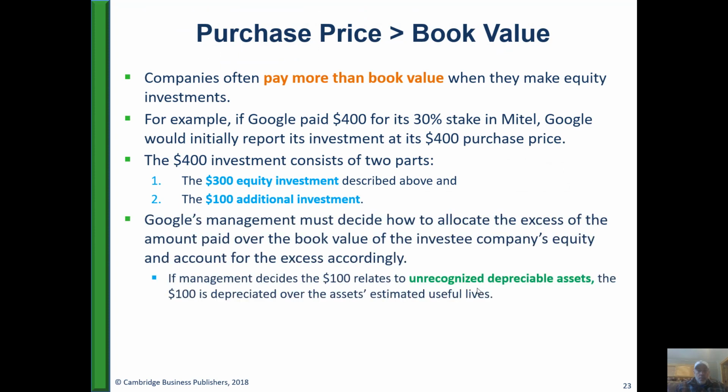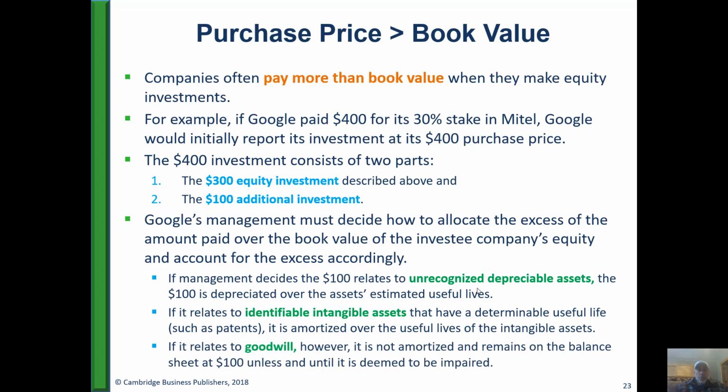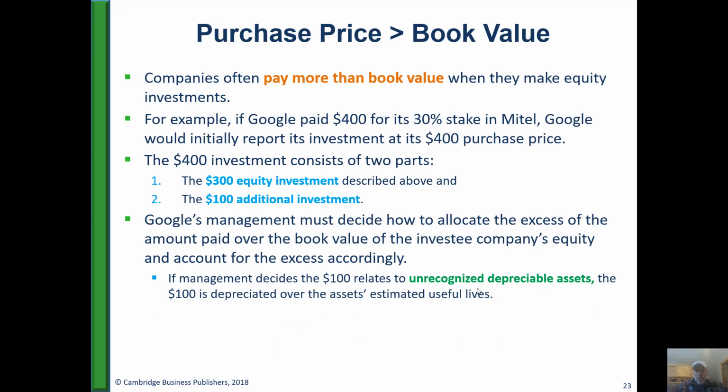So let's look at some typical circumstances here. If the purchase price is greater than the book value, meaning that a company has equity value on their books. If I go back up a slide here.